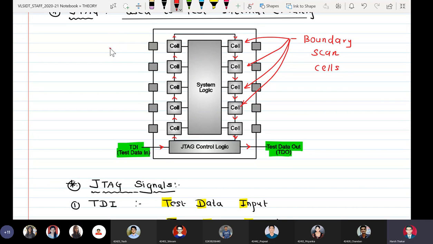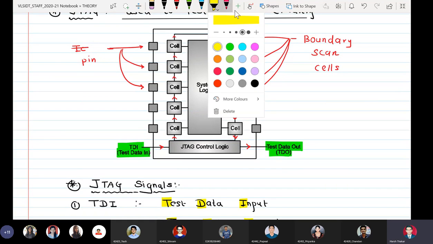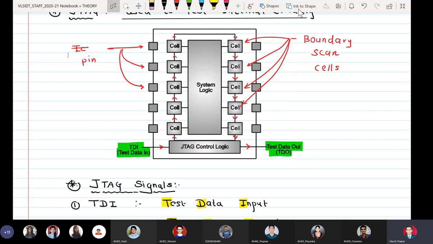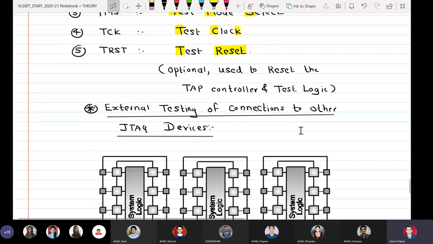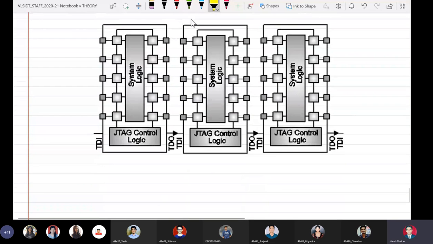Okay, and it's cascading basically. So the TDO of the first system is connected as an input to the second system.